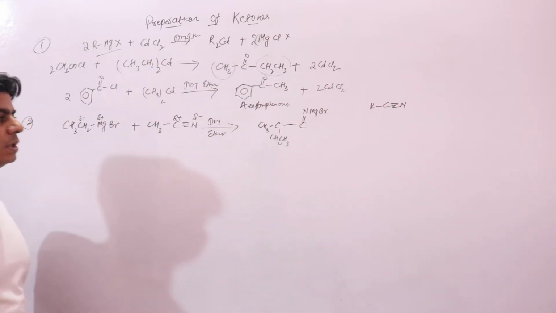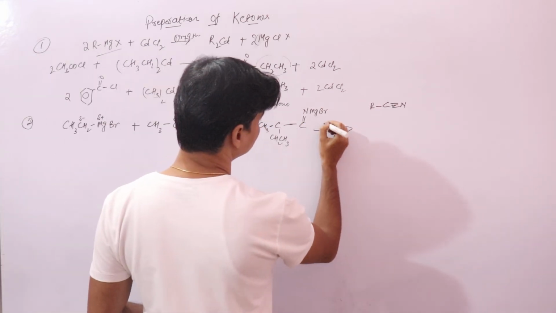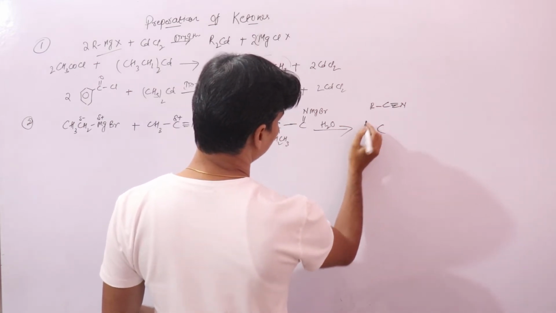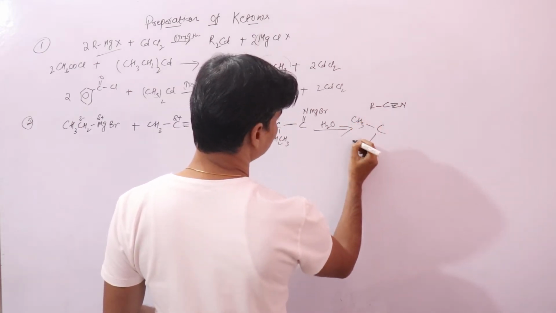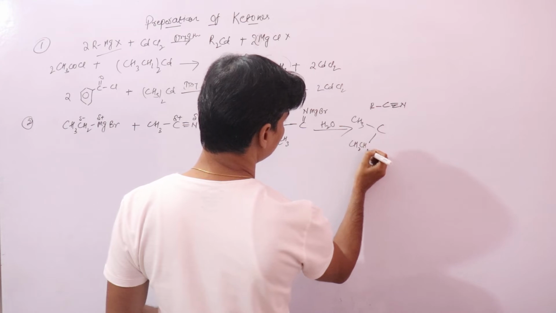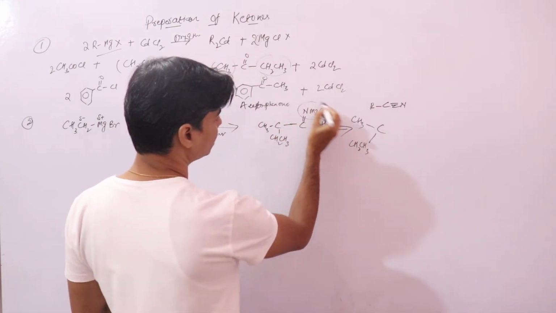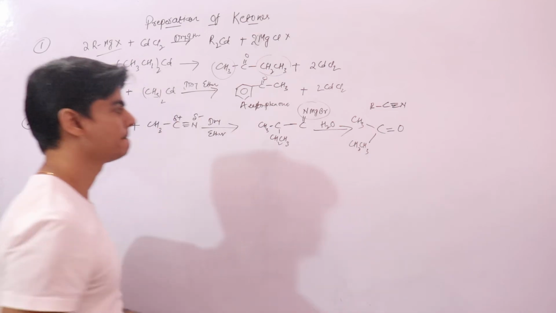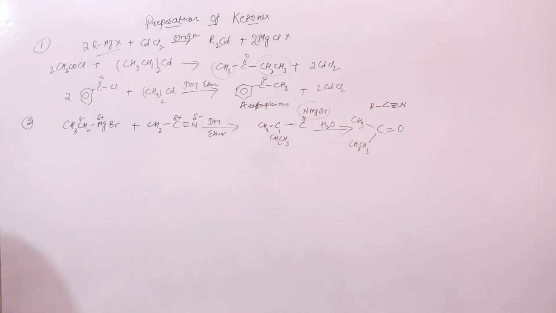Now this will undergo acid hydrolysis to form CH3CH2CH3. When this hydrolyzes, it will form a ketone. I hope this is clear.